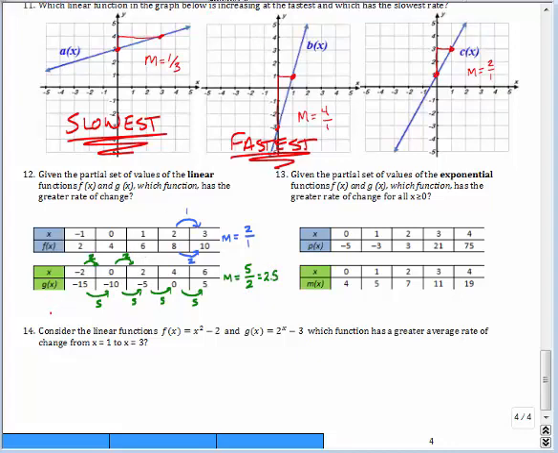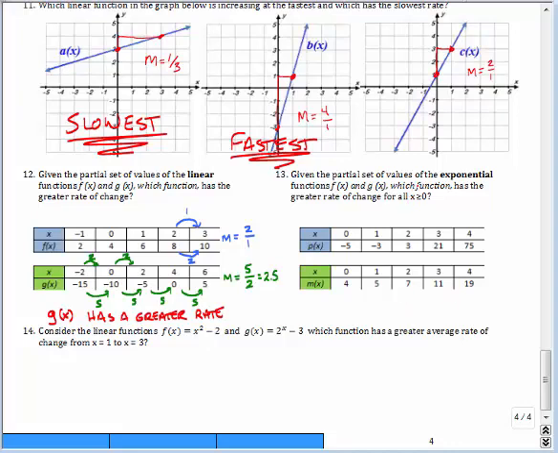So g of x is a little faster, or has a greater rate of change, I should say. For every x jumping 2, it's just, again, its slope. It's 5 over 2 on this one.